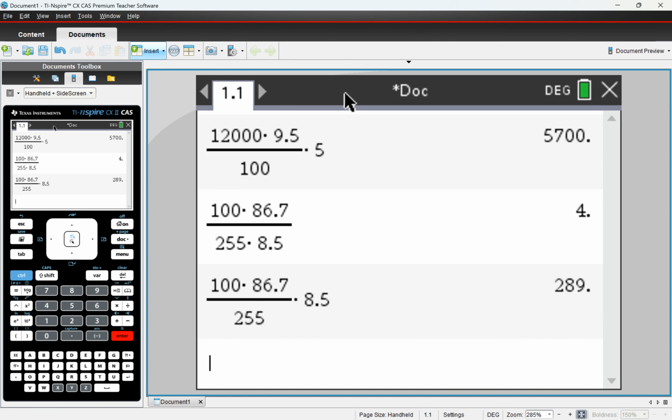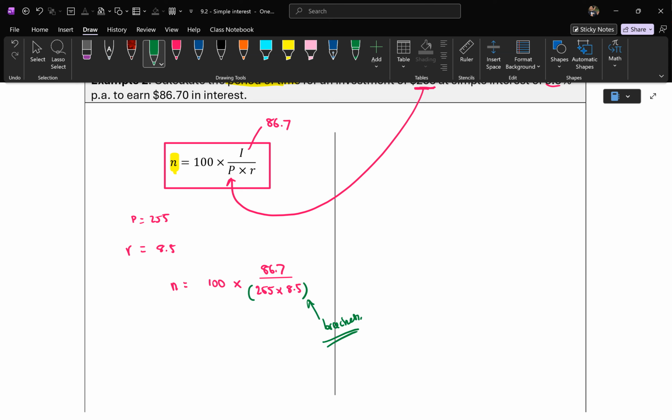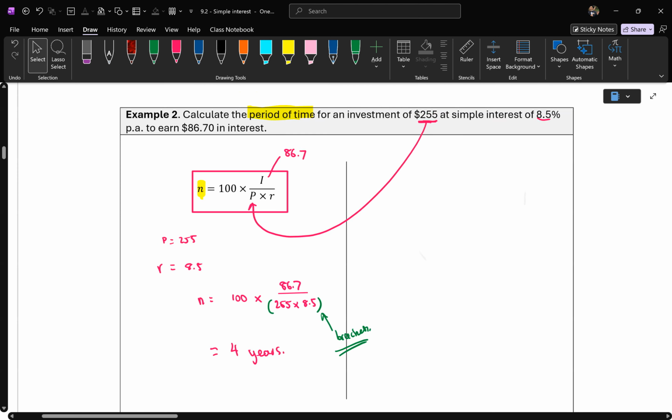This is saying it's 4 years, not 289 years. So make sure to put the brackets in, otherwise you'll get it wrong with a scientific calculator. The answer should be 4 years. Do it wrong, it'll be 289. So if you're doing the calculation, just double check that you know how to do that. But that's it for today's lesson.